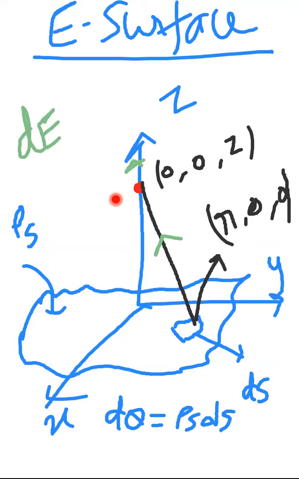Finally, you will get the electric field only in the Z direction. So you can remove the components other than Z, and you will get only one component.